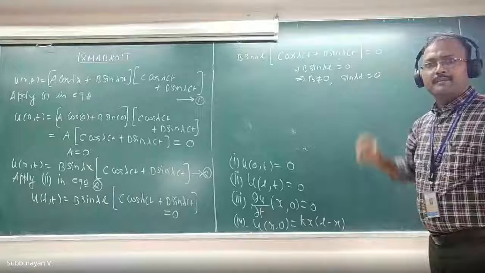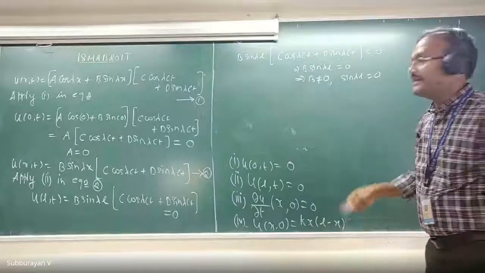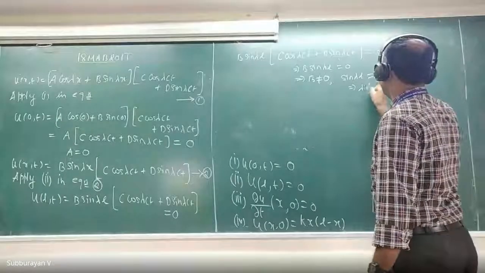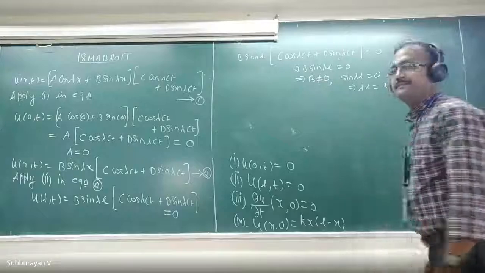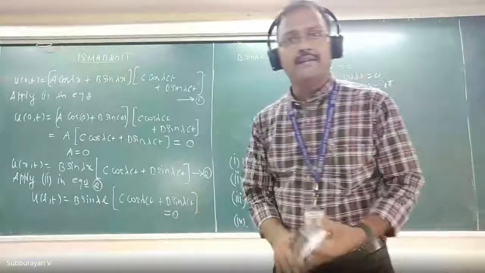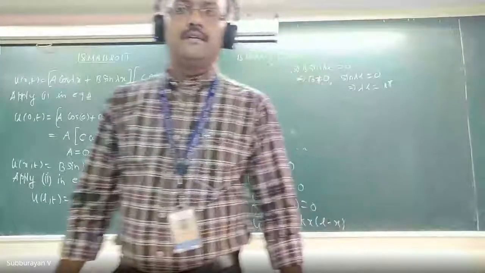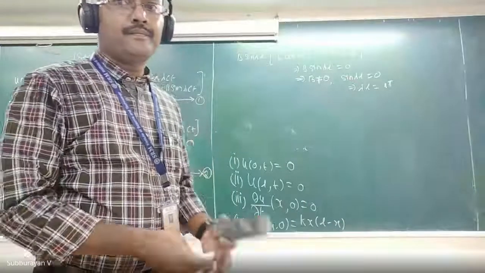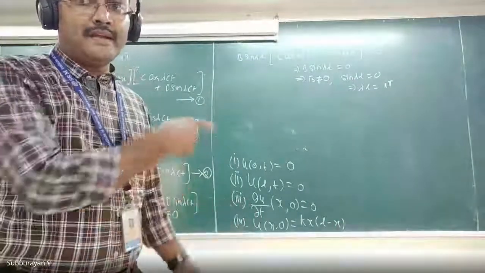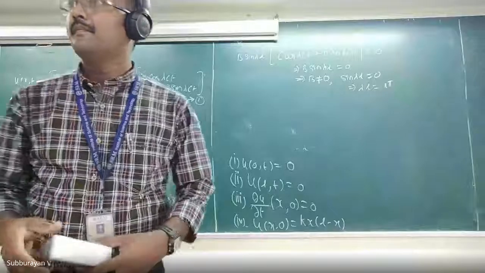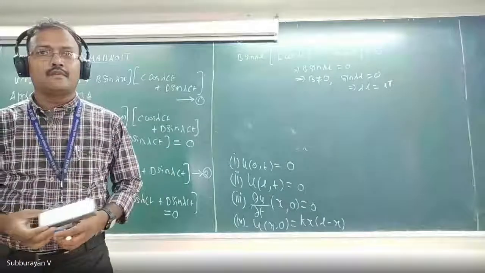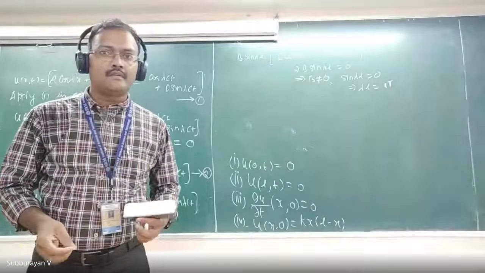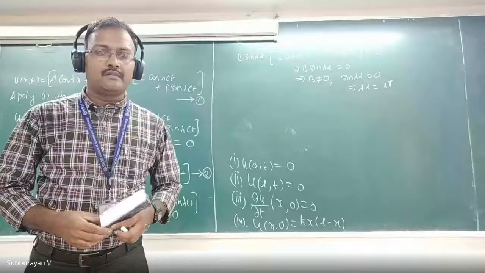Sine lambda L must be 0 means lambda L must be some n pi. Why? Anybody? Why? Students, why must lambda L be some n pi? Can you hear me?